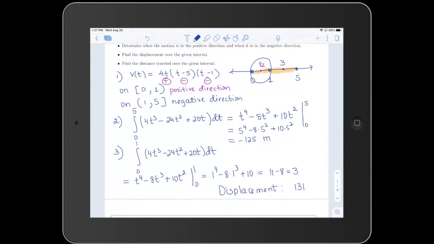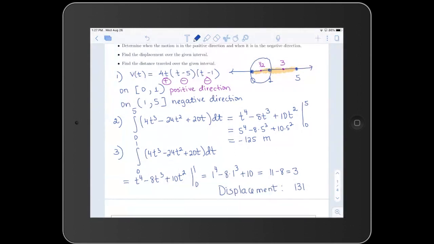Because you're evaluating from 0 to 1 first, positive, and then you're adding to it the negative from 1 to 5, not 0 to 5. That's right. I just erased this, to make more room for this problem. So when I wrote this problem initially, we did from 1 to 5, that integral.